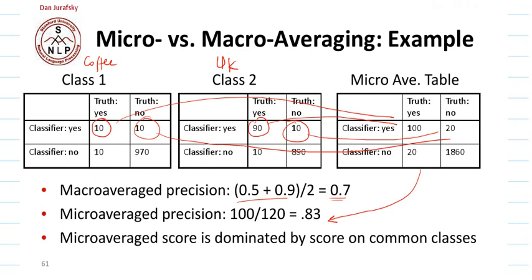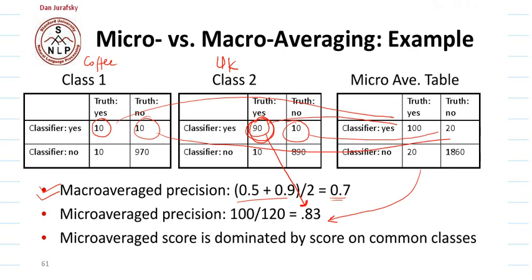The problem with the micro averaged precision score is that it is dominated by the class that has high predicted values. Here we see that class 2 has a high number of true positives, so this will dominate. That's why the average will be close to the dominating class. So in most cases the macro average precision is used.